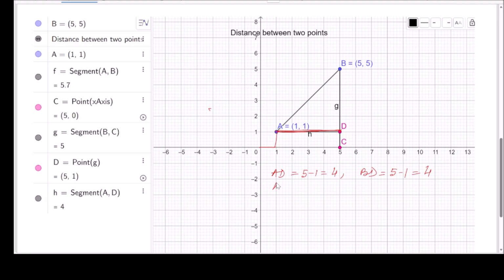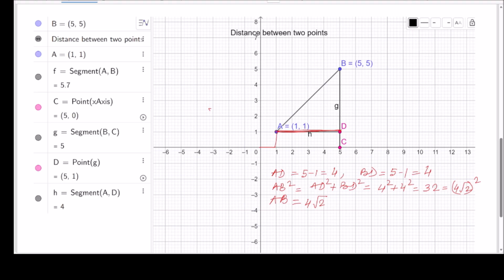So AB square equals AD square plus BD square. It will be 4 square plus 4 square. 4 square is 16, plus 16, that will be 32. So 32 is 4 root 2 whole square. AB equals 4 root 2. Here it is.